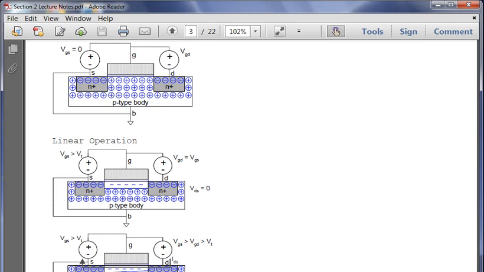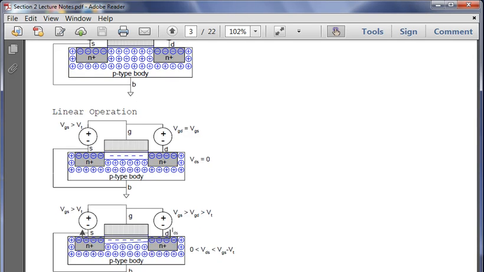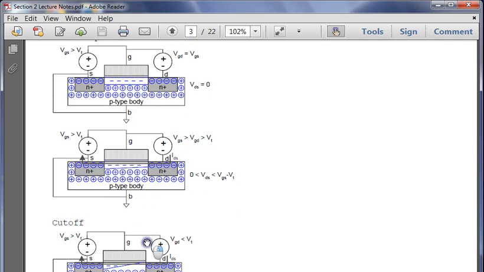Now, the third section is when we get to saturation. Our channel is actually going to decrease a little bit, and that's the reason why sometimes we have some parasitic capacitances, where you see how we have a plate here, we have a plate here.